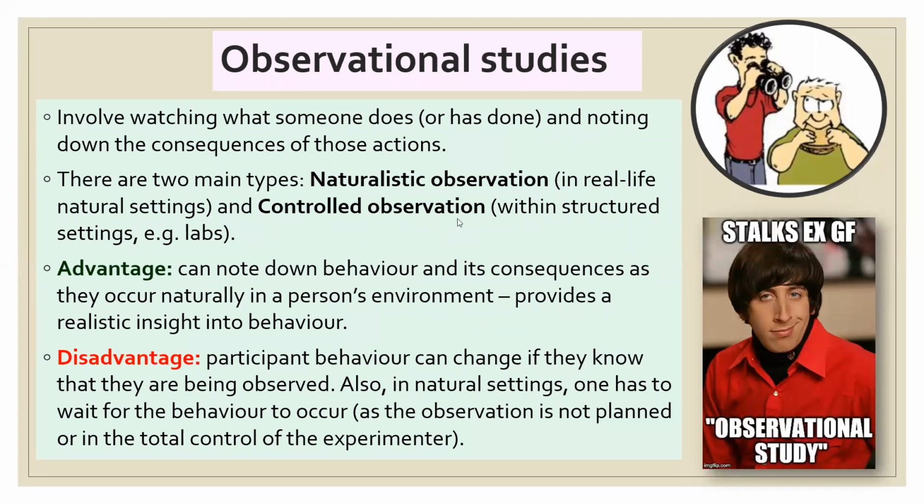Controlled observation, on the other hand, is when you as a researcher can have a lot of control over the behavior that happens, because that behavior happens within a structured setting like a lab or a classroom or a school or a university, somewhere where there is some structure and it's not natural for that person to be in that environment.